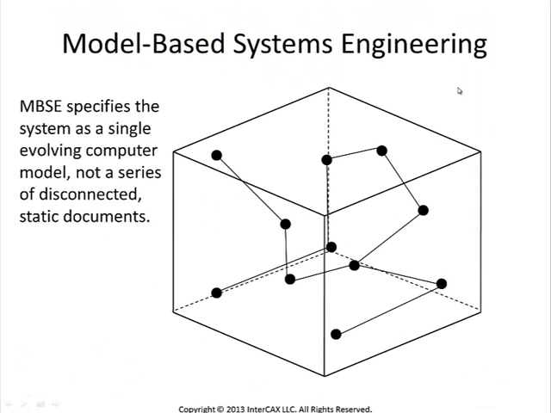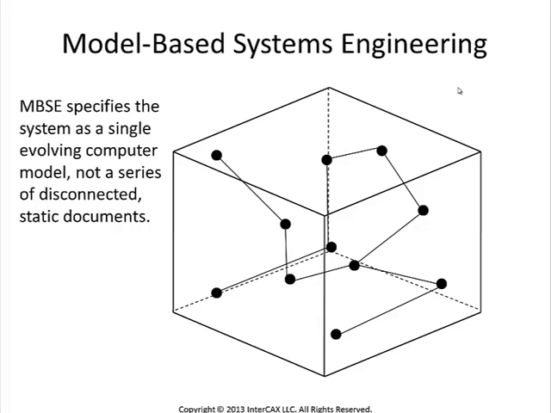Since its beginning, Intercax has focused on model-based systems engineering and helping organizations adopt best practices. For us, the central concept of MBSE is that the system can be described as a single unified model rather than a series of independent and static documents.